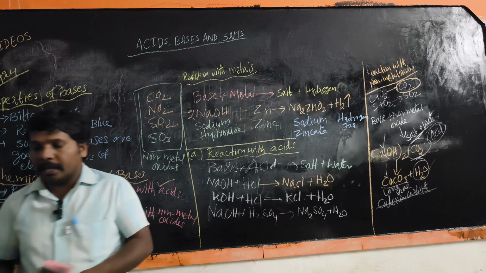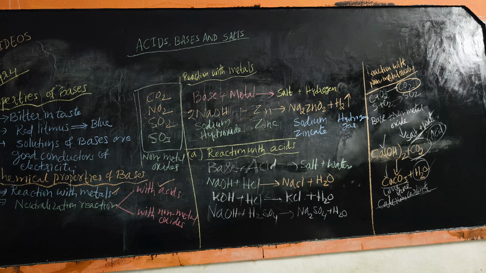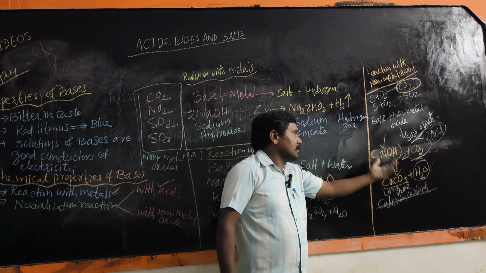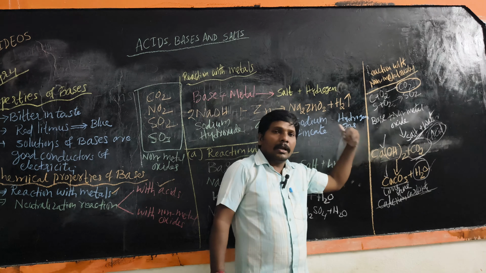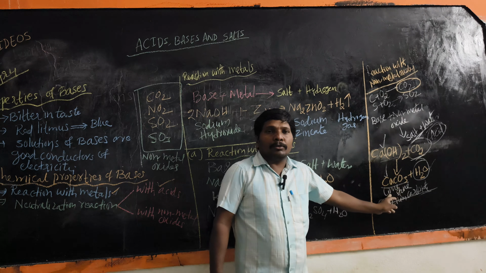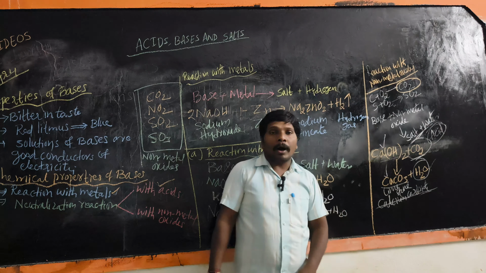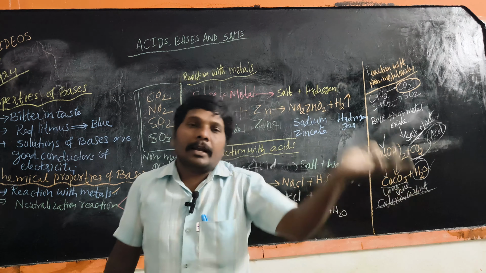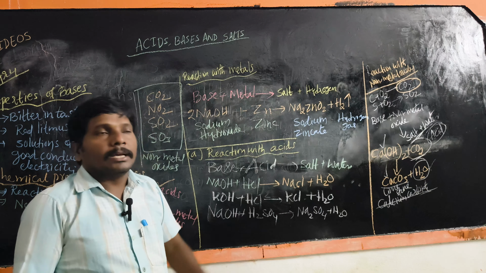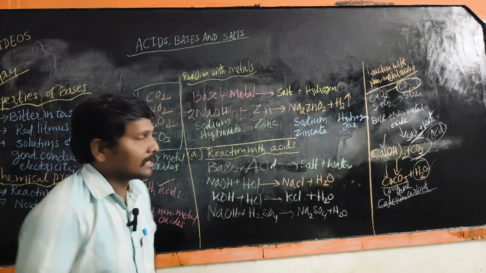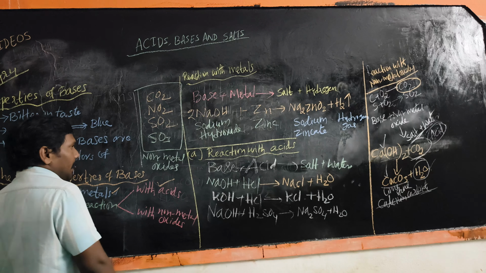That's why when these non-metal oxides react with bases like sodium hydroxide, calcium hydroxide, magnesium hydroxide, potassium hydroxide, ammonium hydroxide, they form their respective salt and water. If salt and water form when a substance reacts with bases, the substance has acidic nature.